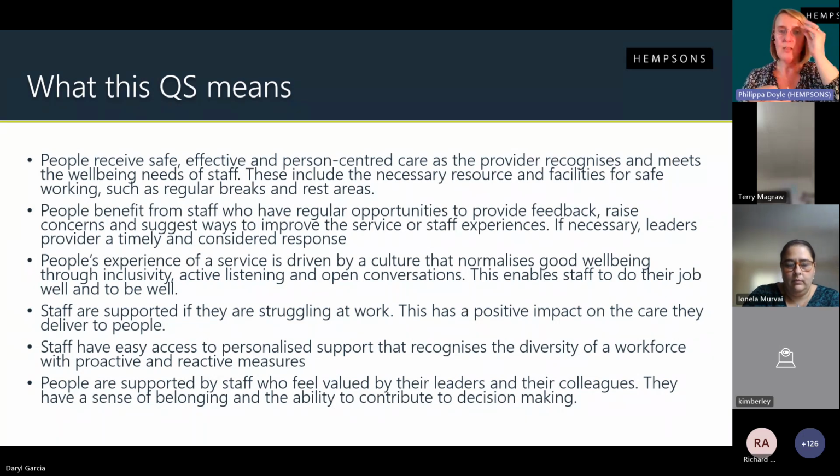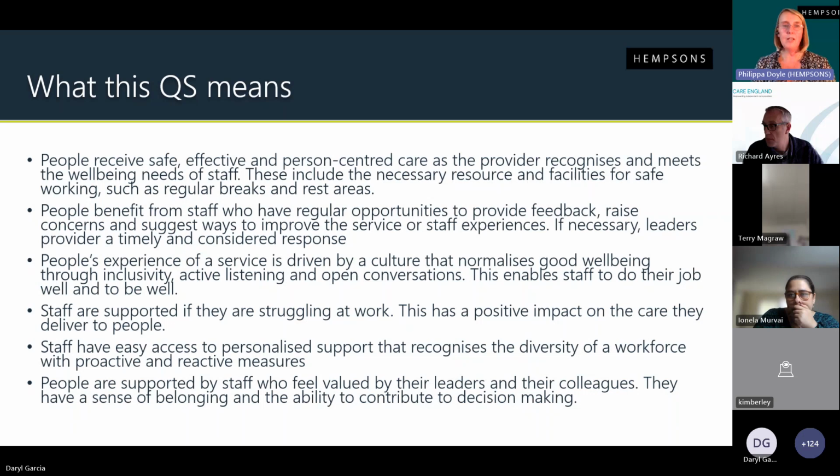You're able to demonstrate that you've got the necessary resources and facilities for safe working, such as regular breaks and rest areas where staff members can withdraw from the people that they support and have a little bit of time for themselves to recharge, to be able to carry on delivering the very important role that they're fulfilling.